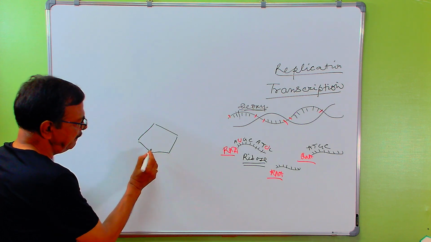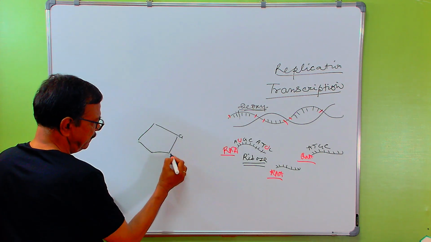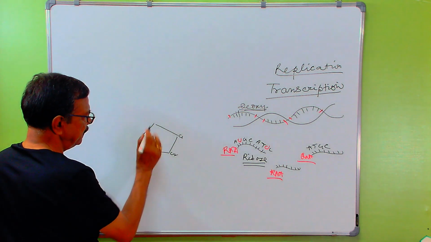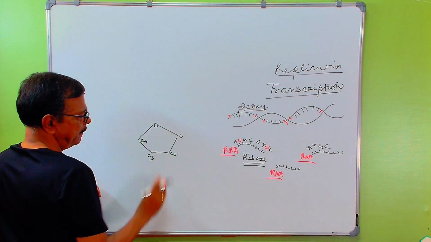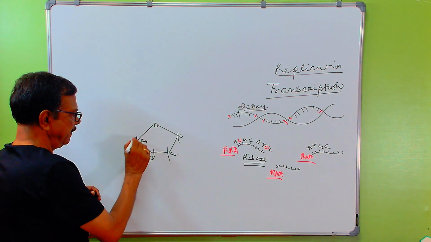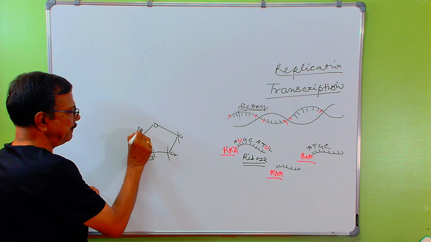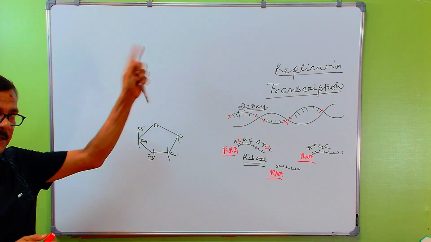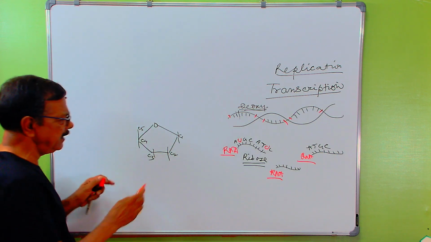I am repeating the same. It is C1, C2, C3, C4. This is O, and here C5. I have come across this in DNA replication, just repetition.